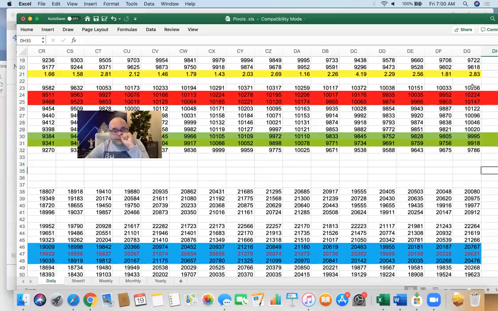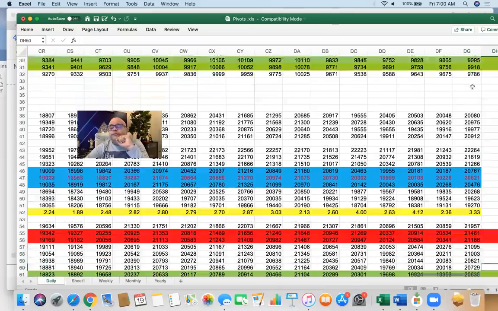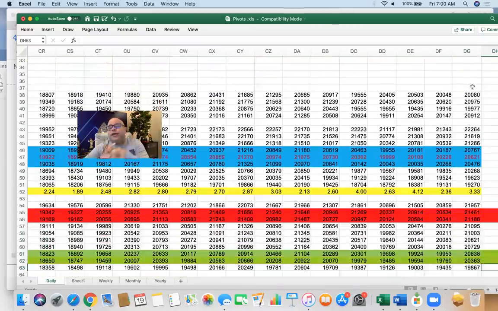On the Bank Nifty, support comes in at 20,363 to about 20,638, and resistance comes in at 21,186 to 21,461. So these are the levels on the Bank Nifty.